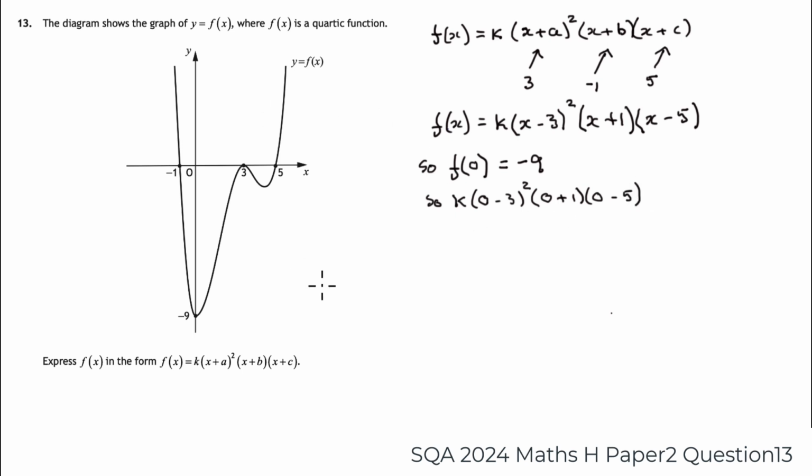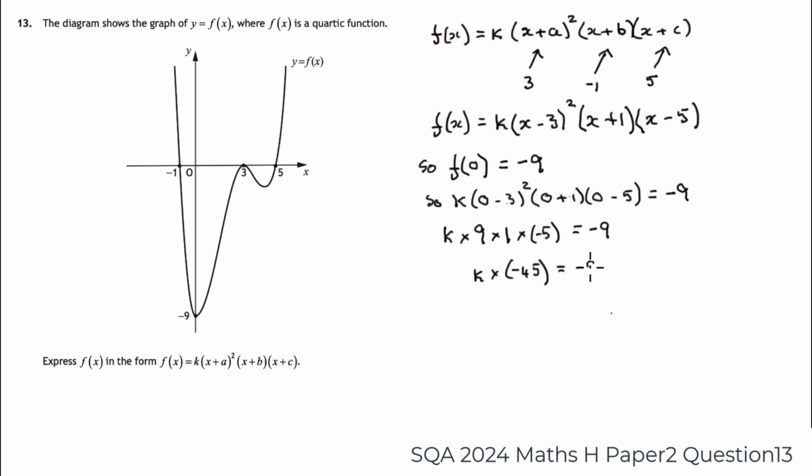And we know from the graph that -9 is the value. So let's simplify this. k times -3 all squared is 9. That factor's just 1. This factor is -5. And that all comes to -9. So we've got k times 9 times 1 times -5 is -45.